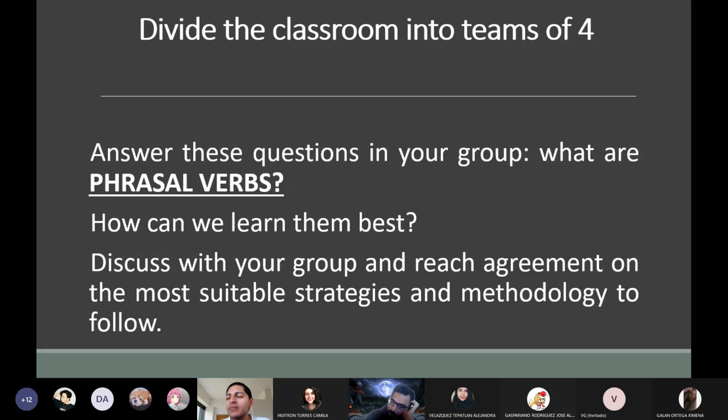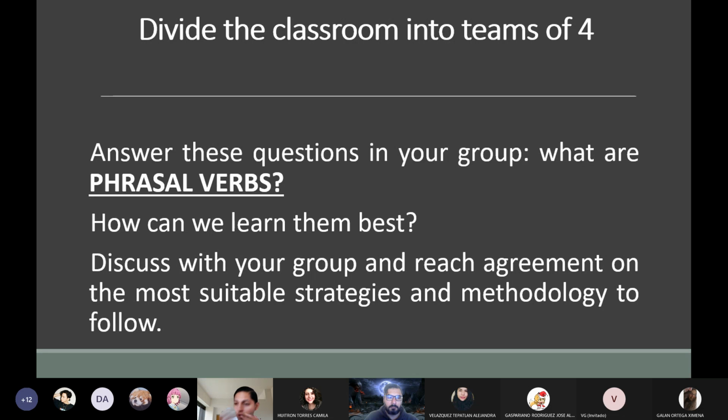Those are verbs made together with a verb and an adverb, which is usually referred to as particle. Sometimes it could be an adverb or even a preposition, or both, an adverb and a preposition. There are different kinds of phrasal verbs: 2-particle phrasal verbs or 3-particle phrasal verbs.